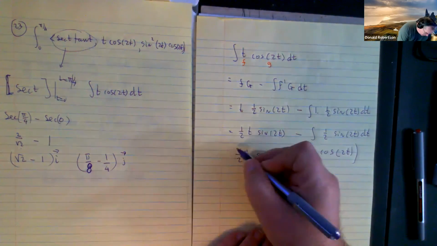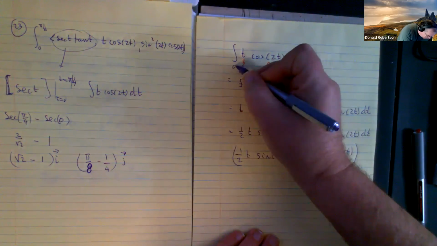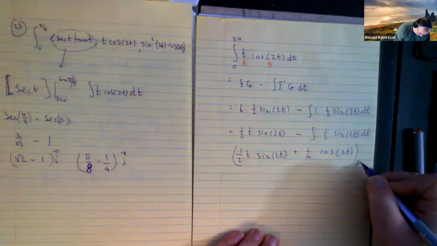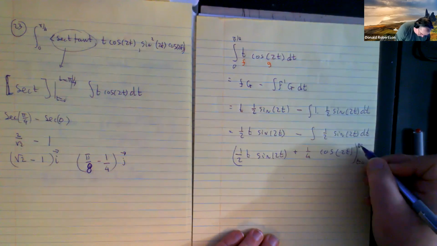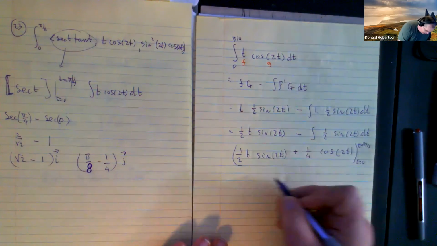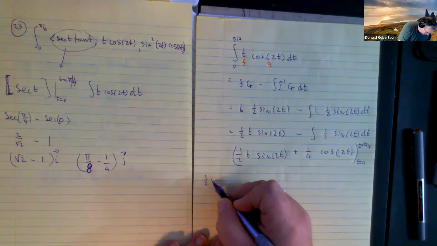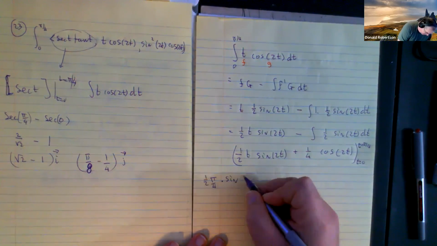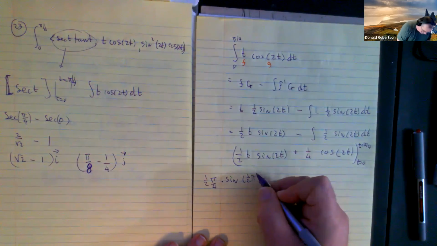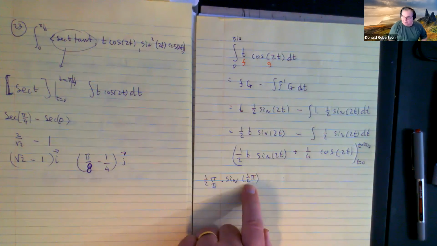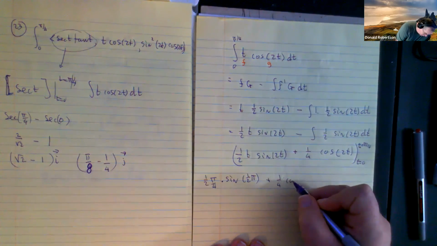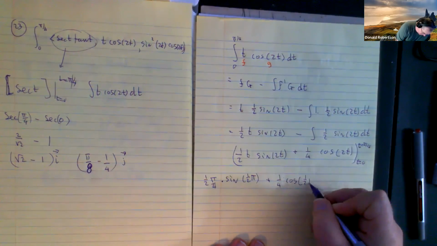So I'm going to evaluate that at 0 and pi upon 4. You're going to get 1/2 times pi upon 4 times the sine of 1/2 pi, because if you double a quarter, you get 1/2, plus 1/4 the cosine of 1/2 pi.